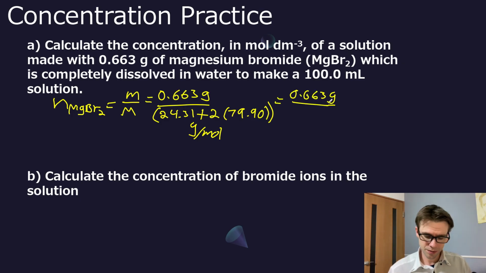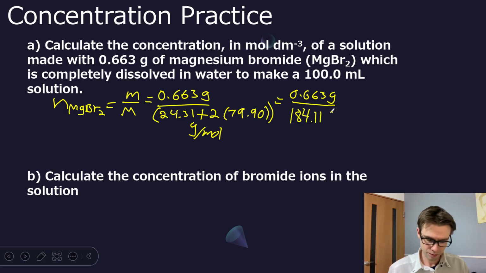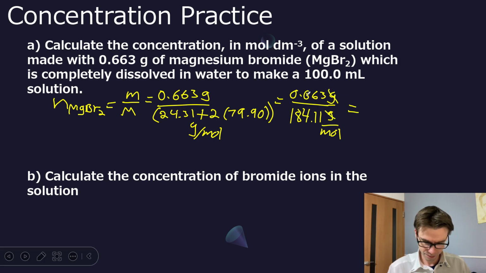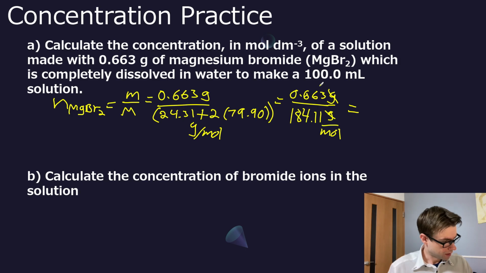Okay, so you should get that the molar mass of MgBr2 is 184.11 roughly. So when we divide, we'll multiply by the reciprocal of these units, cancel out grams, and we'll get 0.0036.